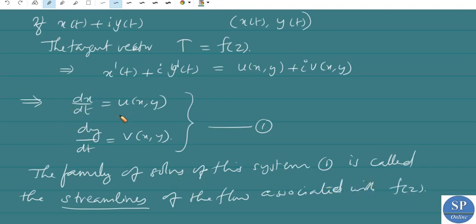So to find the streamlines of the flow associated with a function w equal to f of z, first we have to form this system of differential equations by using the real part and the imaginary part of f of z. Then solving this system of equations, we get the streamlines.